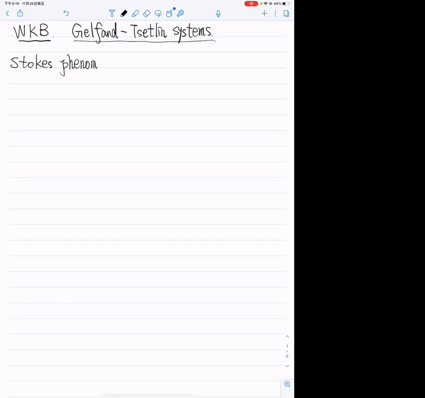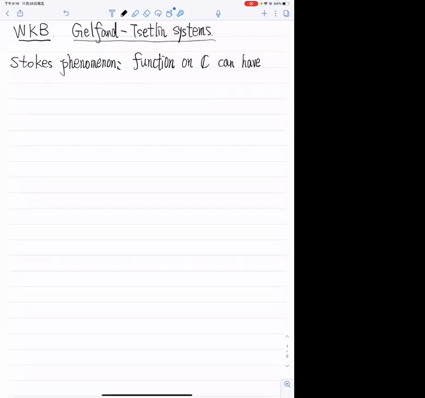If you go to the Wikipedia web page, it will tell you that Stokes phenomenon means that in complex analysis, a function on the complex plane can have different asymptotics at the singularities as your parameter z goes to the singularity from different directions.